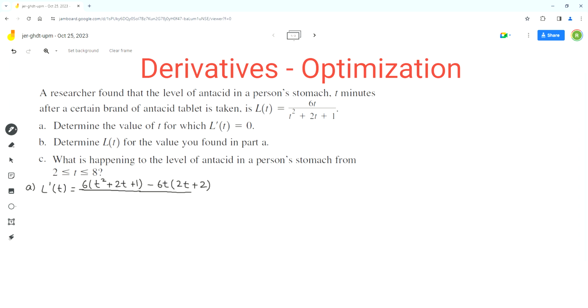So we're using the power rule. The derivative of 1 is 0, so that's why we ignore that. The derivative of t squared is 2t, and the derivative of 2t is just 2, all over the square of the denominator.